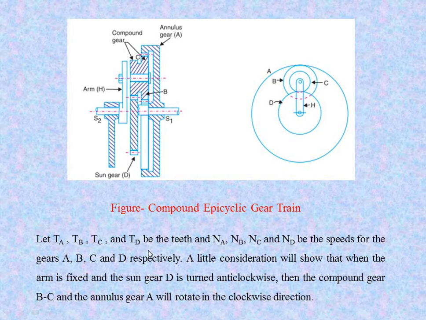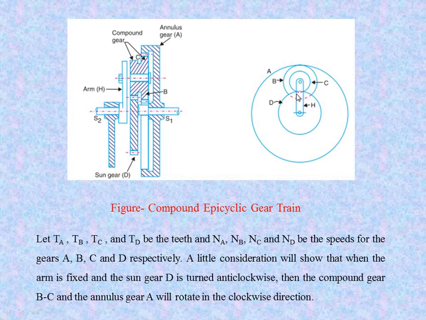A little consideration will show that when the arm is fixed and sun gear D turns anti-clockwise, then the compound gear BC and the annulus gear A will rotate in the clockwise direction. That means, suppose this arm is fixed, and the sun gear D rotates in anti-clockwise direction, that is, in positive sense.